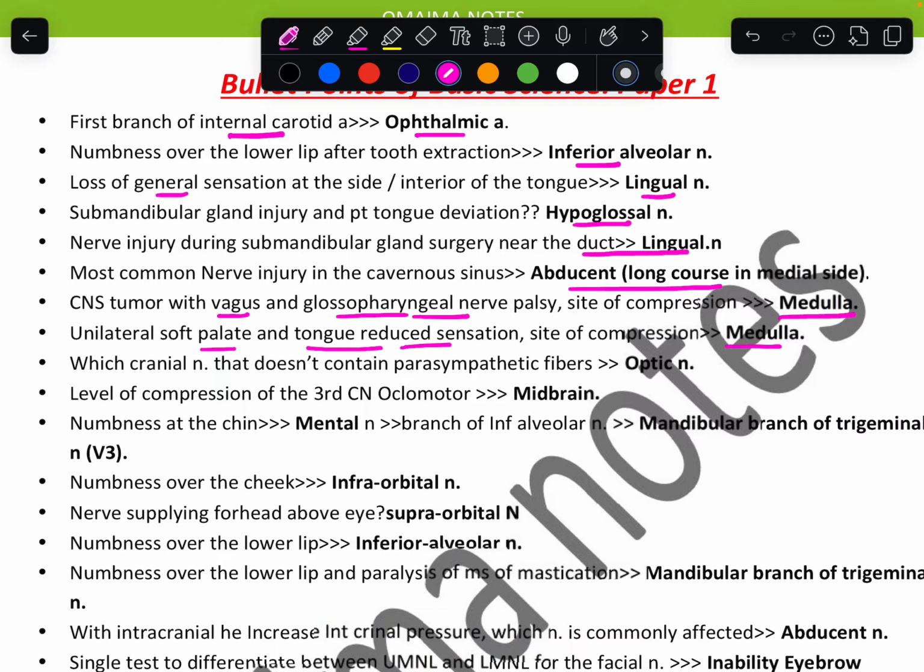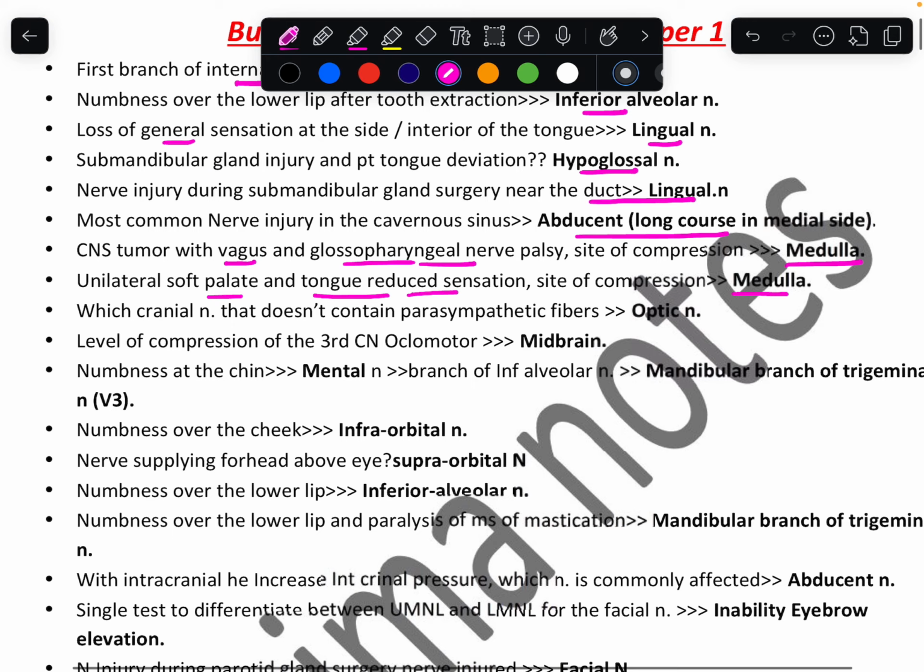Site of compression is in the medulla, because the nerves arise from the medulla. Midbrain, pons, medulla. Medulla has 4 nerves, the last 4: 12th, 11th, 10th, 9th. The 9th is glossopharyngeal, the 10th is vagus. So the posterior soft palate and everything is supplied by the vagus.